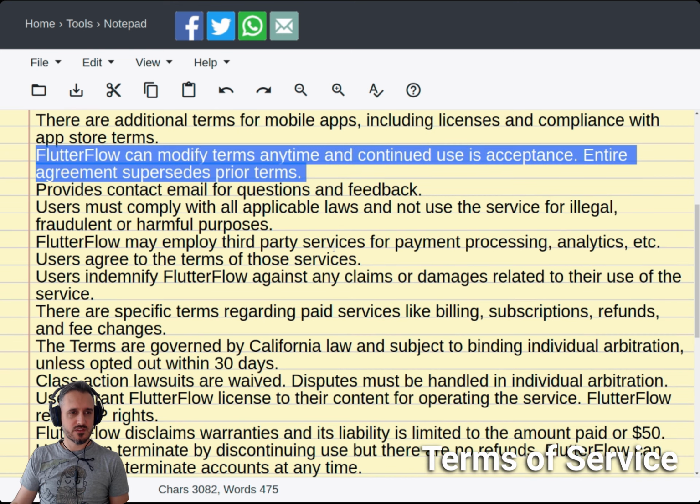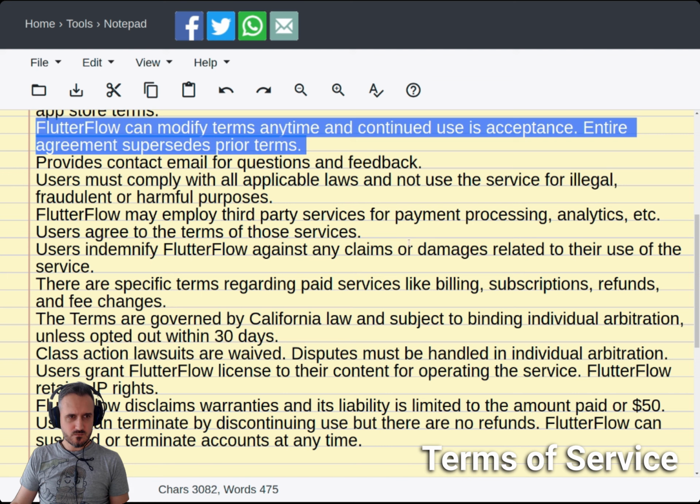And then we have: Flow can modify terms anytime, and continued use implies acceptance, entire agreement, suspension, prior terms.